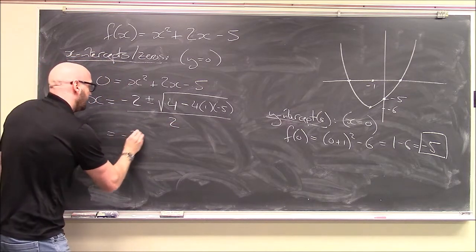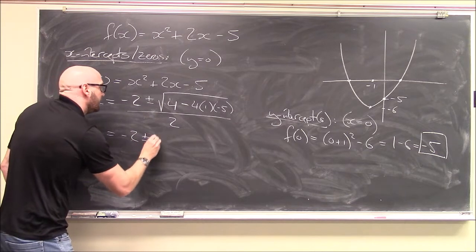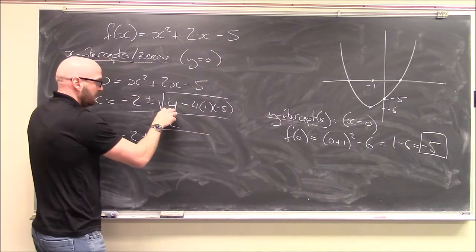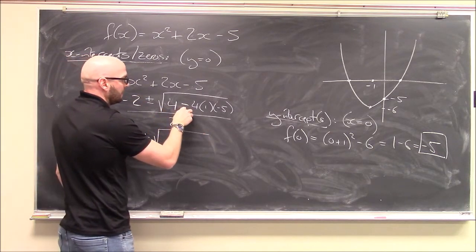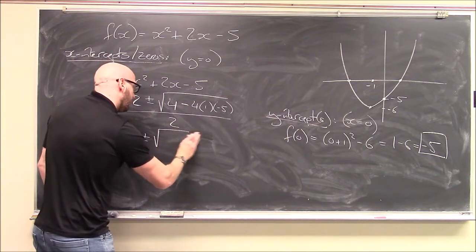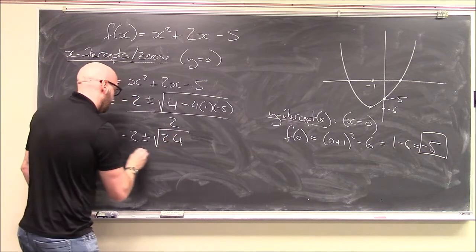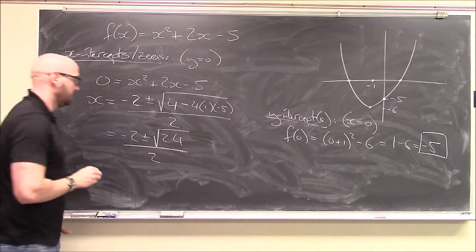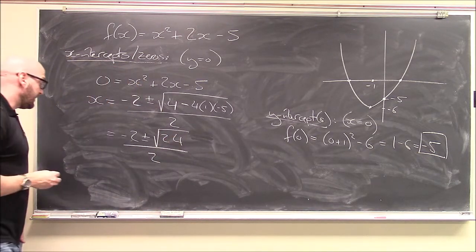And this is minus 2 plus or minus the square root of 4 minus minus, so plus 20, square root of 24, all over 2.